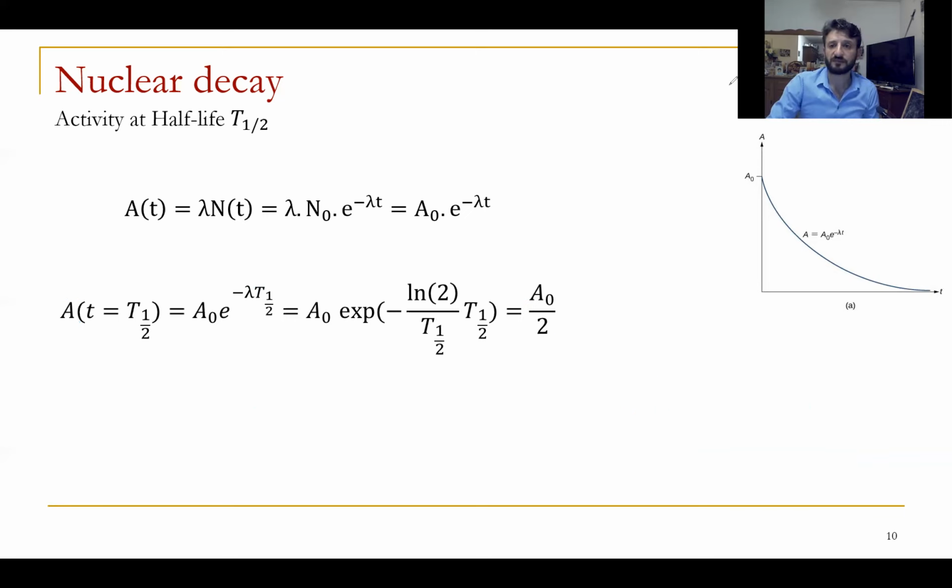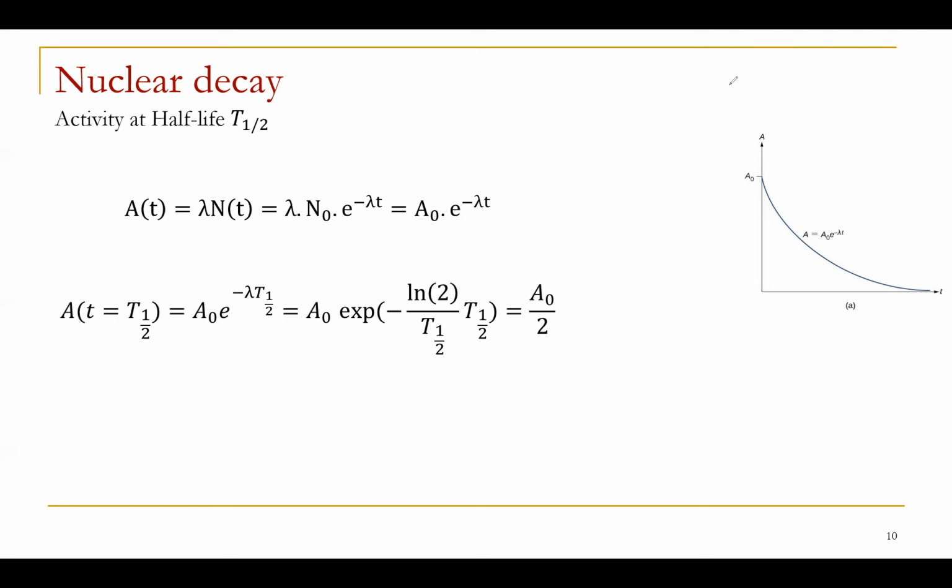If we get a relation between A and t, after a time t equals 1 t half, we get a value of A equals A0 divided by 2.